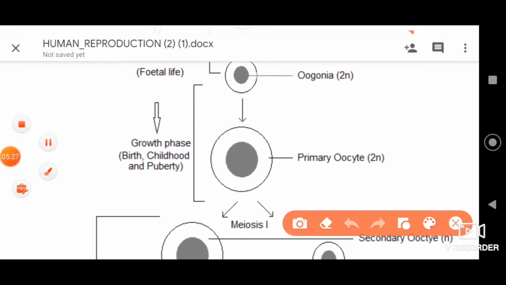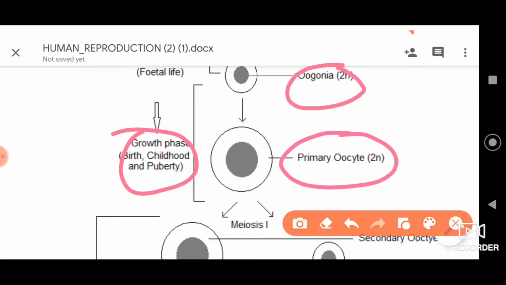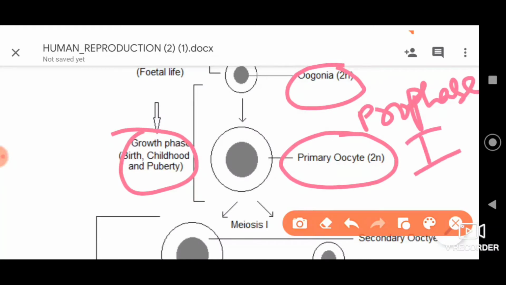Dear friends, let us move on to the second stage, that is the growth phase. When you consider the growth phase, the oogonial cells will further undergo meiosis. When they undergo the meiotic process, they get arrested at prophase 1 stage of meiosis 1 to form the cells called primary oocytes.